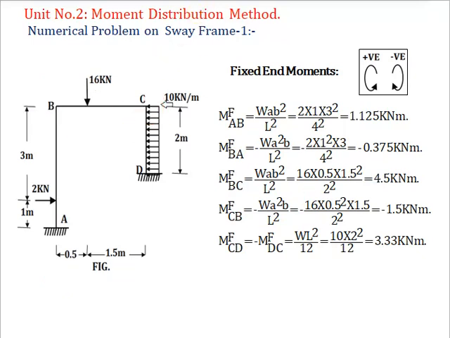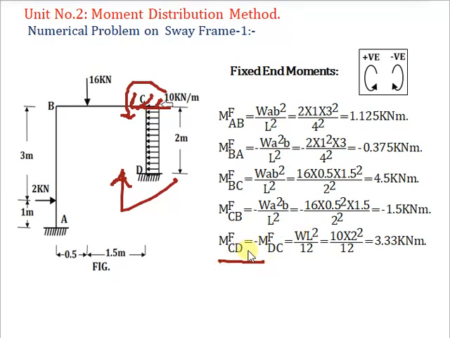Now consider next span CD, and there is a UDL acting on span CD whose intensity is 10 kN per meter. So let's find out fixed end moment.